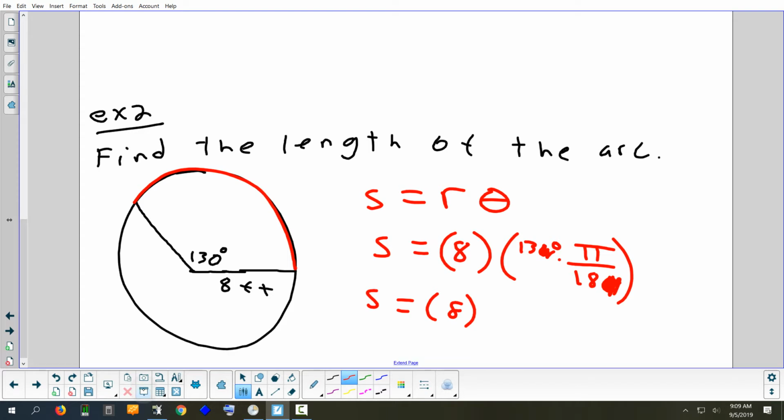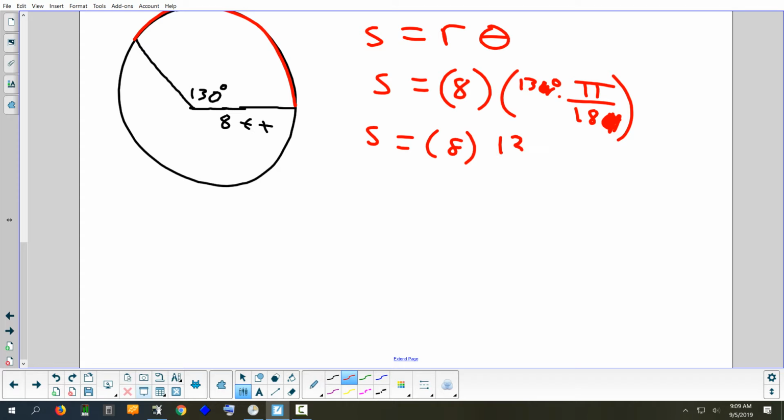All right, so that's 13 pi over 18. And now I have, if you want to think of the 8 as a fraction, you can. The 8 is in the top. 8 and 18. What number goes into both 8 and 18? 2. So we can make it 4 and 9.